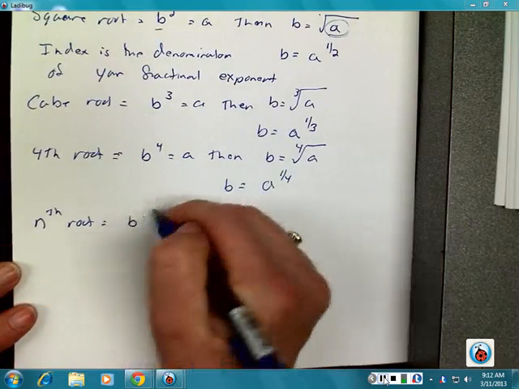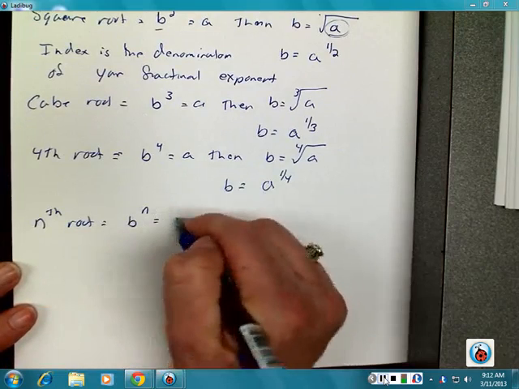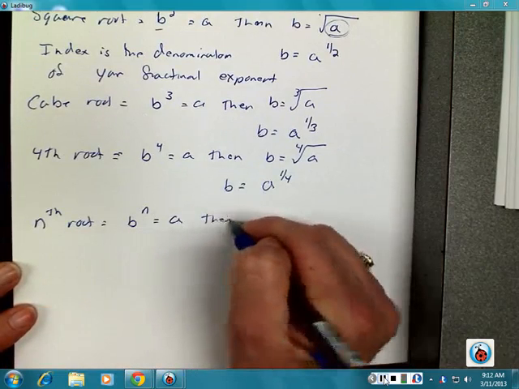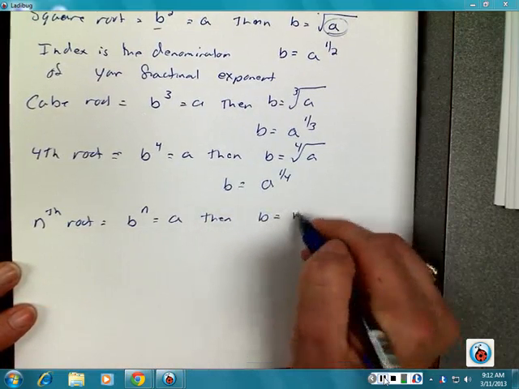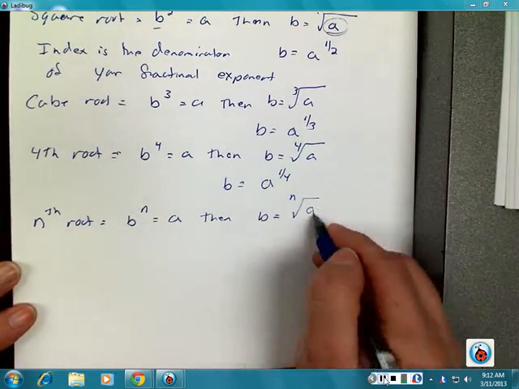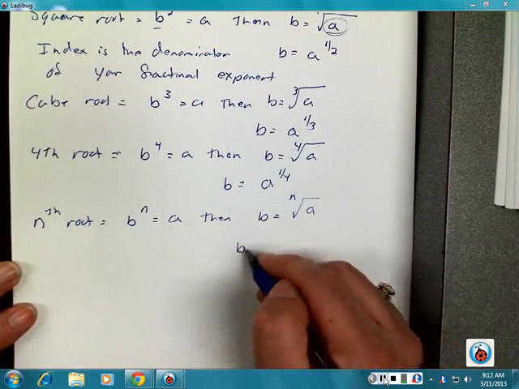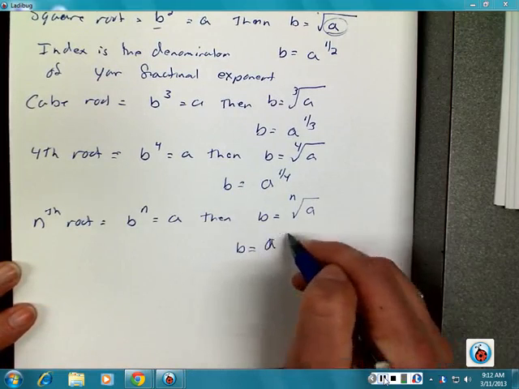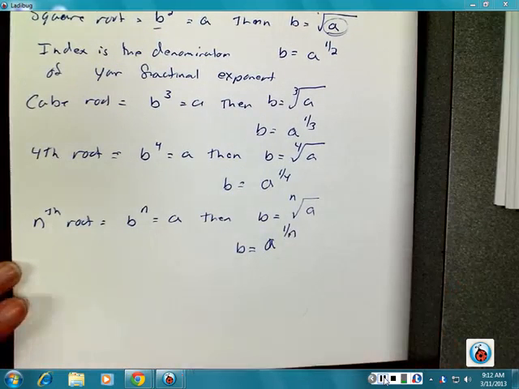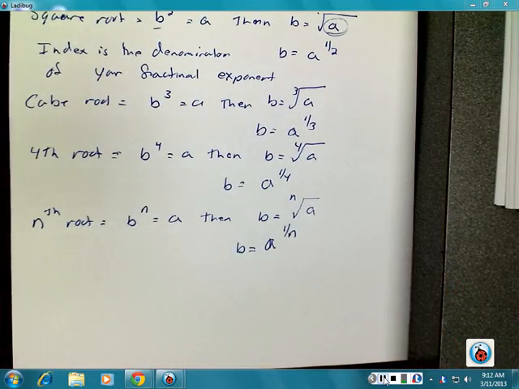we have b to the nth power is equal to a. Then b is equal to the nth root of a, or b is equal to a to the 1/nth power. Okay? So it's just taking it and turning it to fractional values.